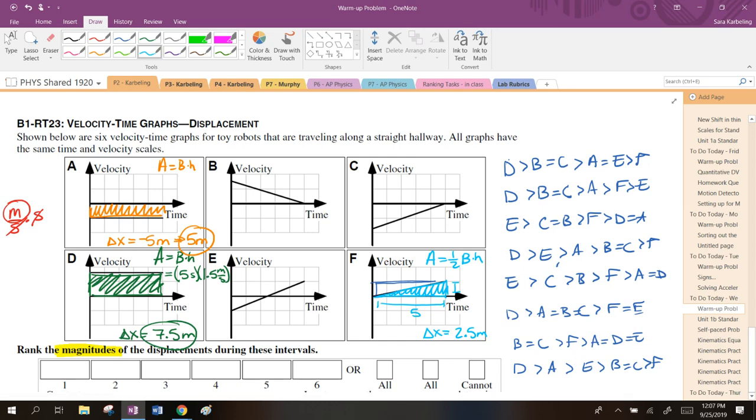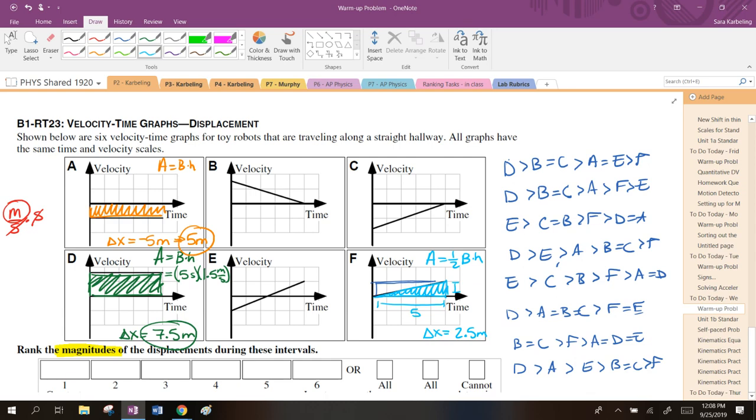It's going fast the whole time, whereas in F, it starts out slow and it gets faster. And by the end, they're going the same speed, but F started off a lot slower, so it's not going to make nearly as much displacement as A did. We doing okay so far? All right, so we got halfway there now.